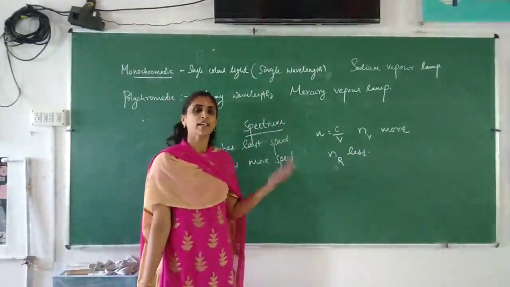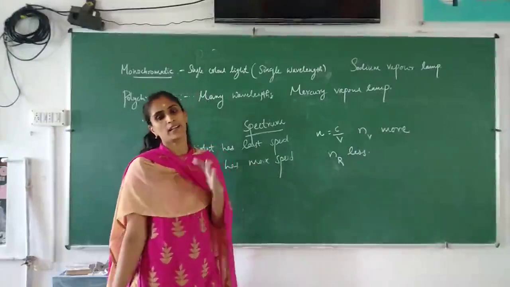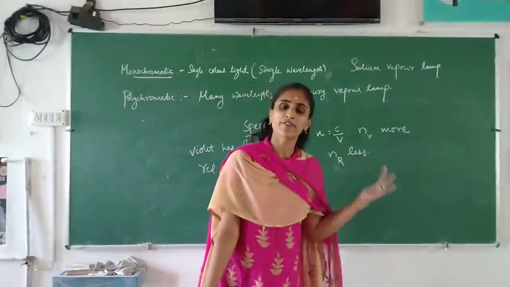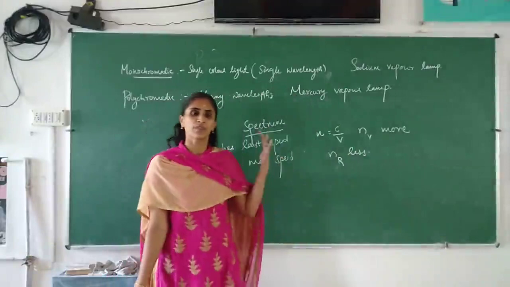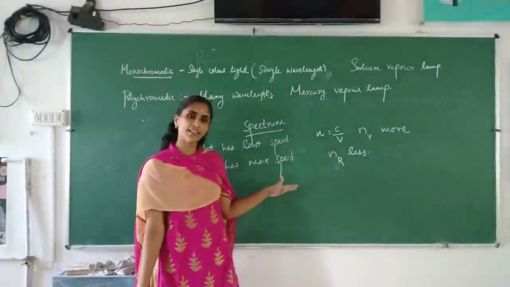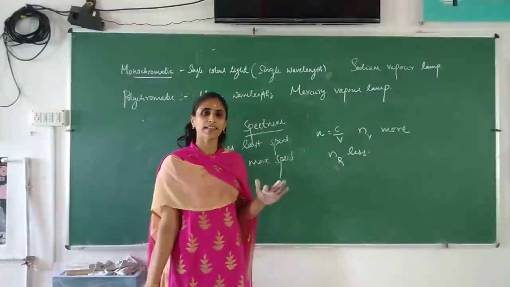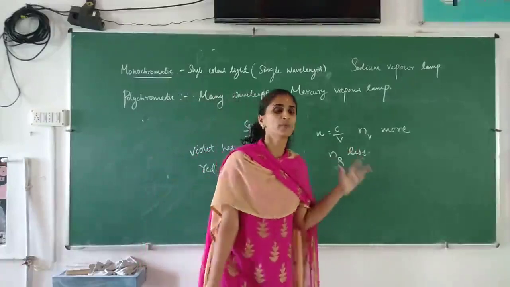Deviation is more for violet and less for red because the refractive index corresponding to violet light is more. Is it clear? So this is all about dispersion.